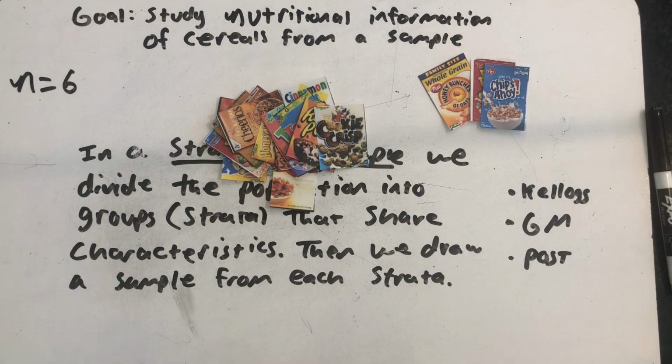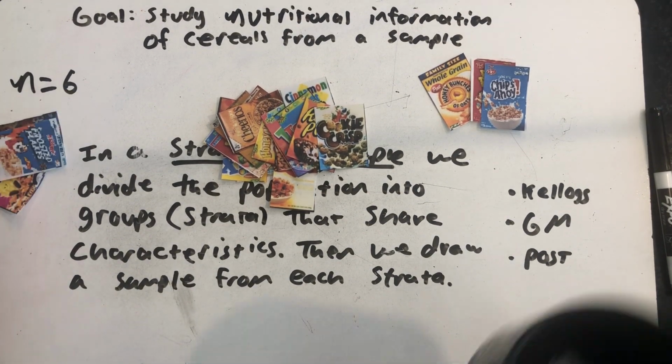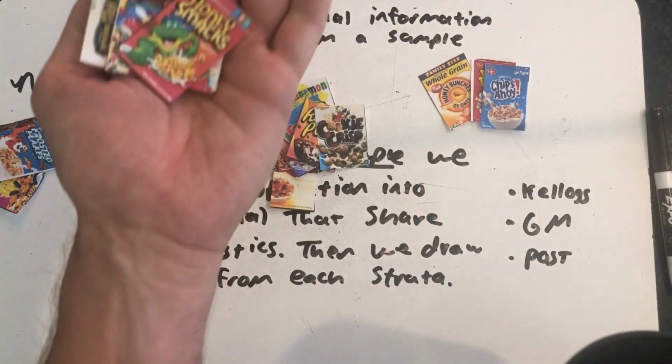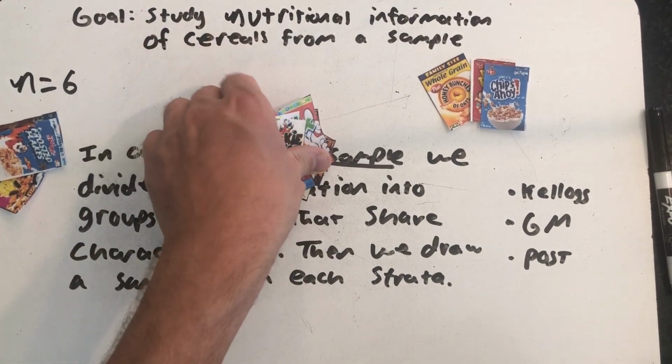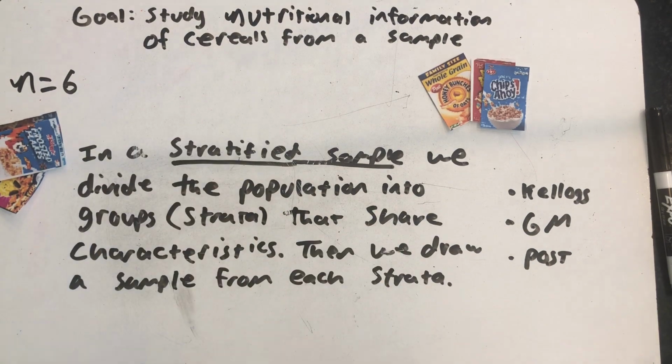All right, so I need to mix up the Kellogg cereals and pick 2 of them. 1, 2. Those will be in my sample. I can discard the rest of those and put my next strata in the coffee cup. Mix them up, shuffle up the cereals.